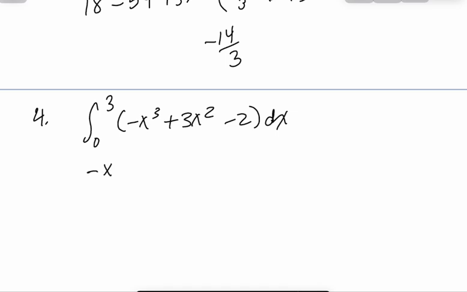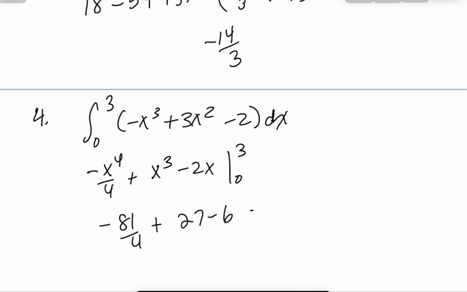So that's going to be negative x to the 4th over 4 plus 3x cubed over 3. So let's just make that x cubed minus 2x. We're going to plug in our boundaries of upper bound 3 minus lower bound 0. If we plug in 3, we get negative 81/4 plus 27 minus 6.